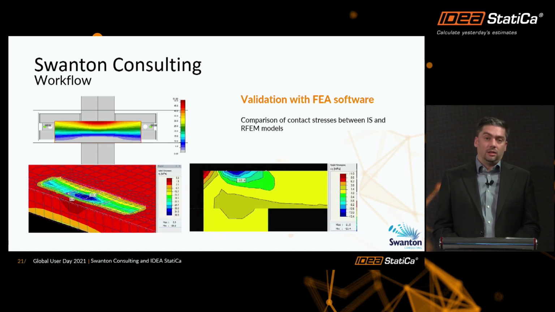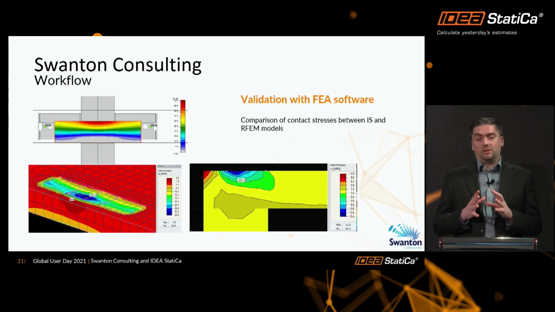And finally, in some cases, this is the tower crane holding down connection from Sherwood Street, where we needed to look more specifically into the stress distribution of the contact stresses from the crane base into the concrete element.